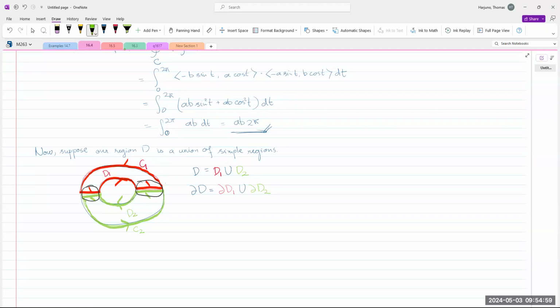For that reason, the double integral over region D of q sub x minus p sub y dA will be the double integral over D1 of the same expression plus the double integral over D2 of the same expression.